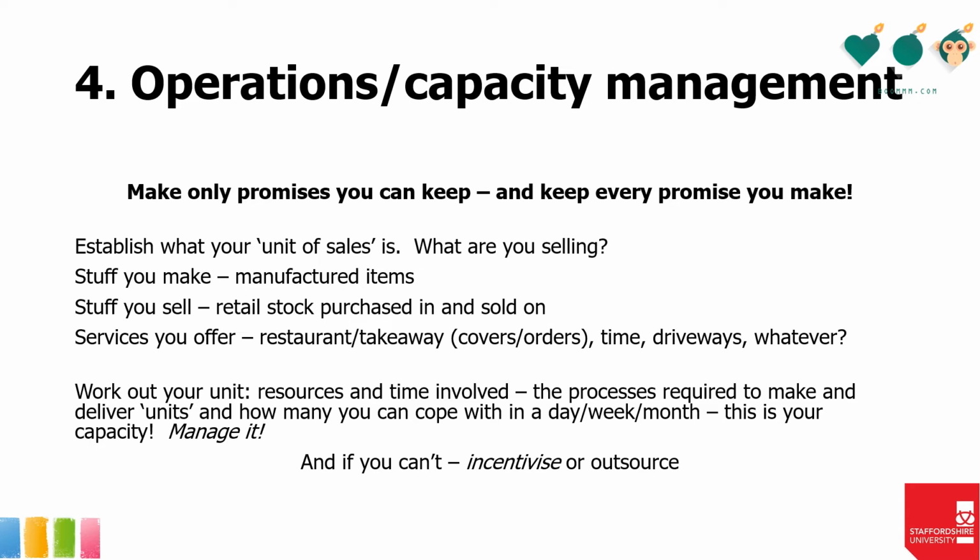Another method of capacity management is incentivizing. So you're doing some sort of special offer or deal or financial incentive for your customers maybe to buy slightly out of sync and flatten that peak, so that you've got a more consistent level of business and a consistent level of units to deliver at any one time.